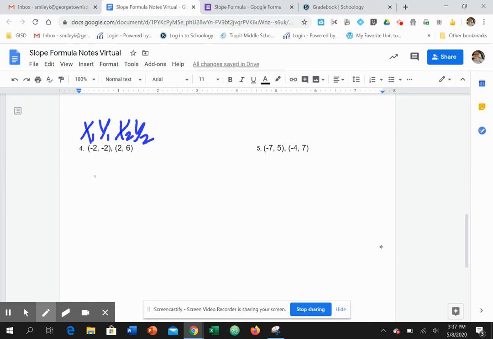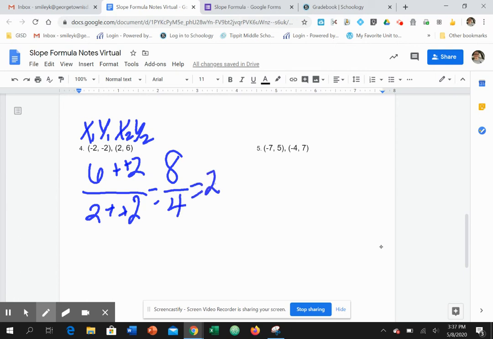So it's y2 minus y1 and x2 minus x1. When you do this, if you're minusing a negative like this, it's really like you're adding them. So I get 8 and I get 4. 8 divided by 4 is 2. Again, you could use a calculator for that part.